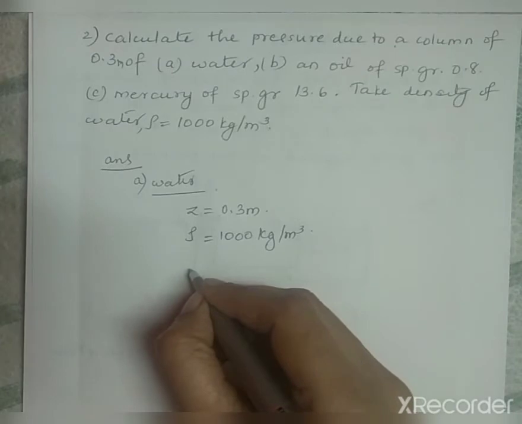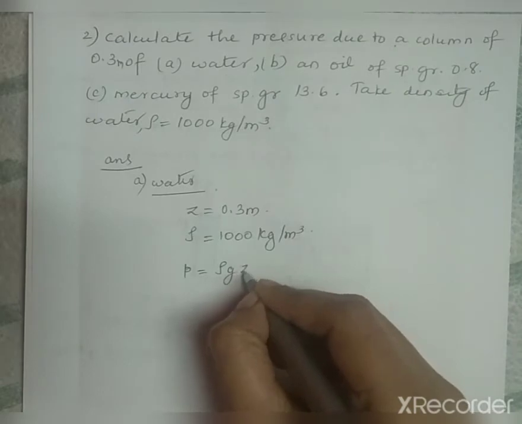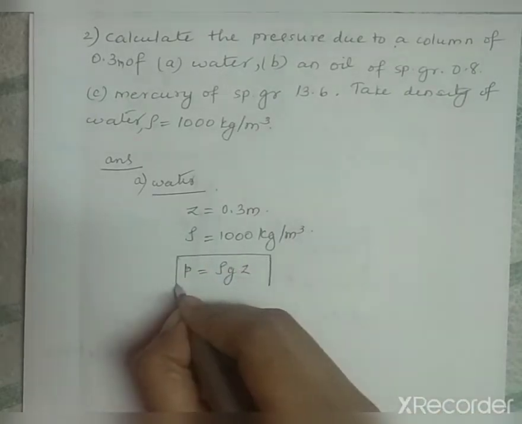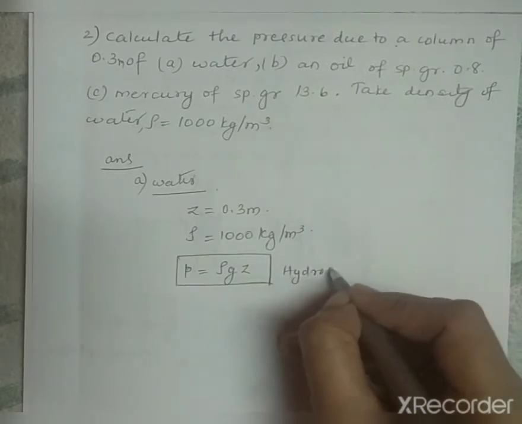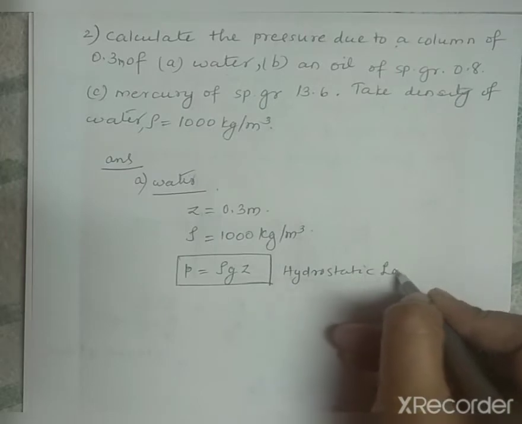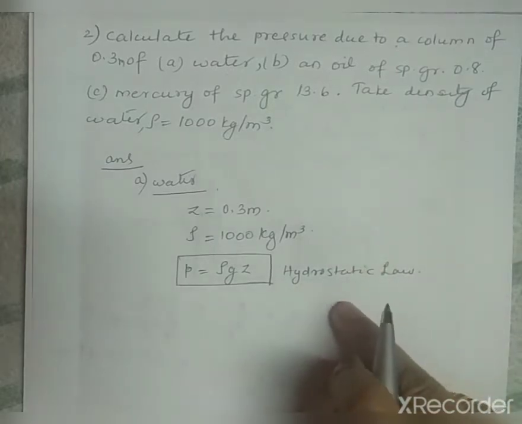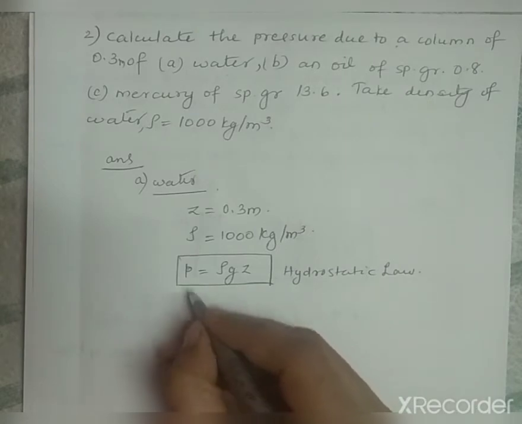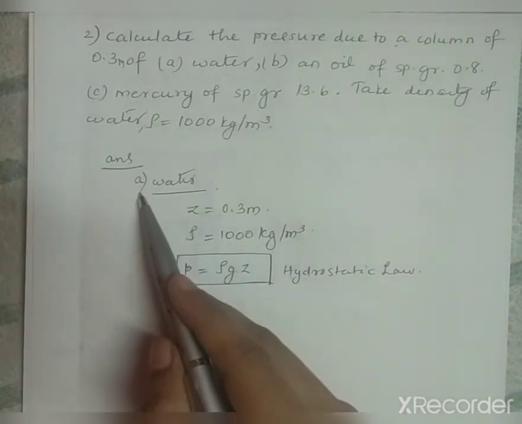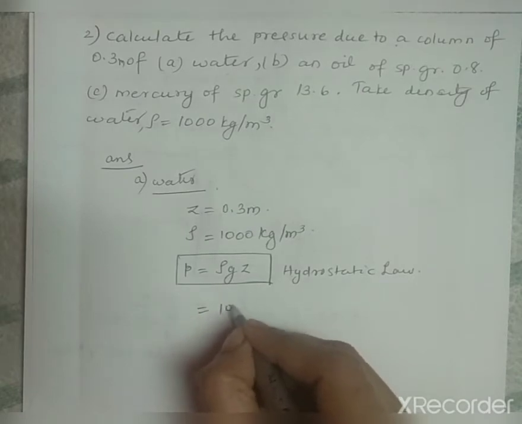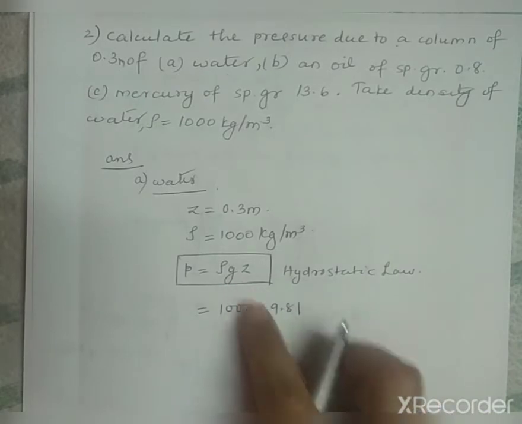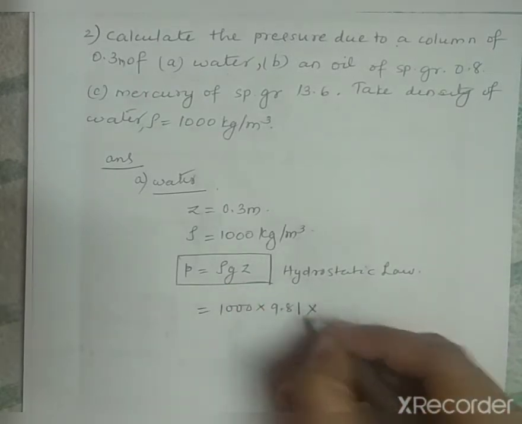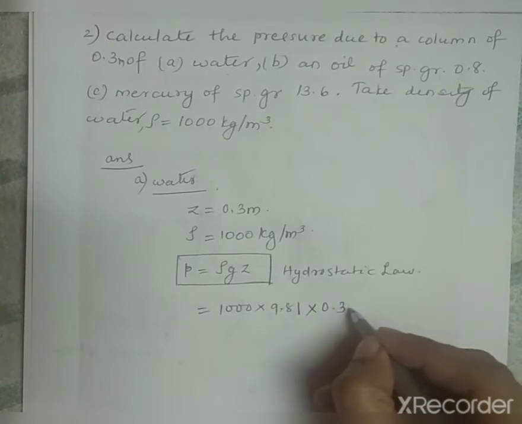So what is the pressure equation? P is equal to rho G Z. This is the pressure equation at a point. This is also known as hydrostatic law. So this question is an application of hydrostatic law. So pressure intensity for the first part: rho is equal to 1000 into G is equal to 9.81, always take G as 9.81, into Z, Z is 0.3 meters.